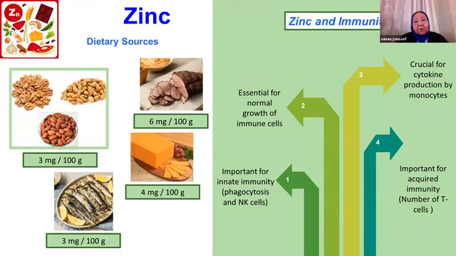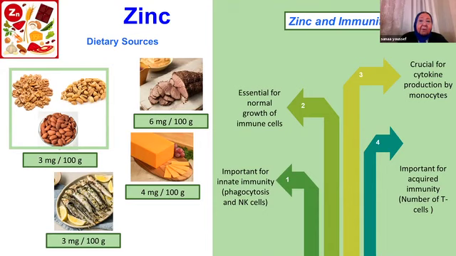Zinc and the immune system. Zinc is very important for the growth, for the multiplication of every cell in your body, and also for the immunity. Even the brain needs zinc. So zinc is very important in many situations. Concerning the immunity, it is essential for the normal growth of the immune cell.